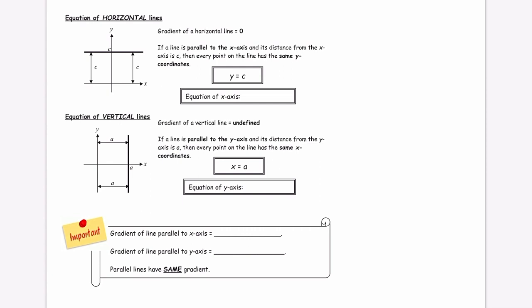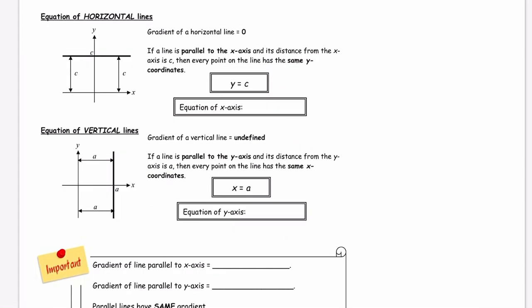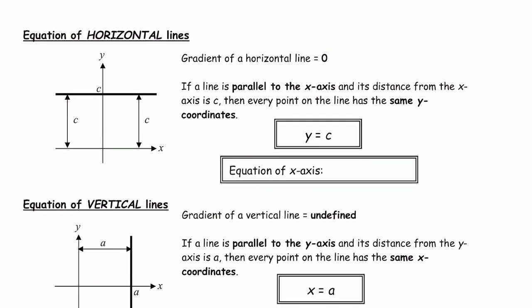So just one last segment on certain very special cases. And these are the cases of horizontal and vertical lines. So horizontal lines, first of all, are of the form y equals c. Okay, and the equation of the x-axis would be y equals 0.